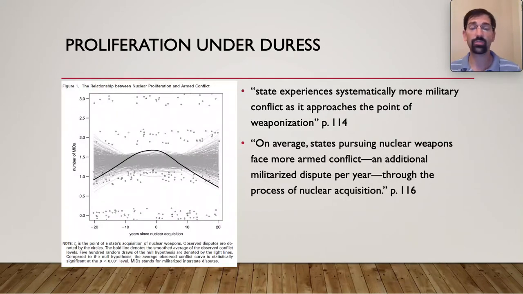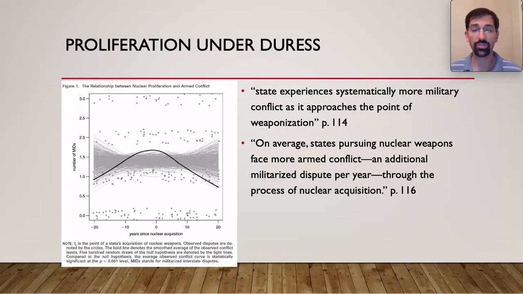Now, as we've explored in other contexts, the proliferation argument that Horowitz first investigates is that there's learning that goes on in nuclear material or nuclear handling of nuclear weapons, nuclear processes. What this figure is showing us is the propensity for conflict, for a militarized interstate dispute, based on the years of nuclear acquisition.